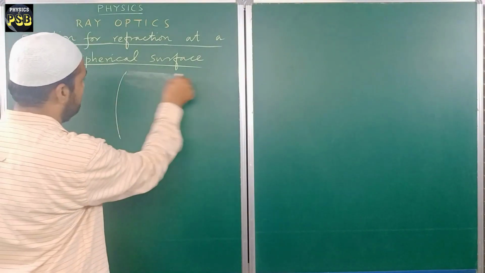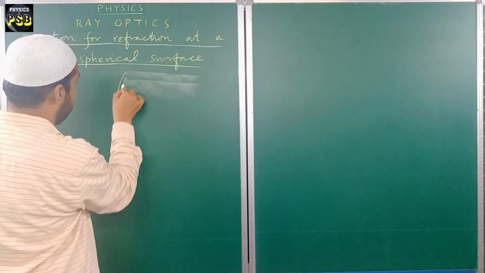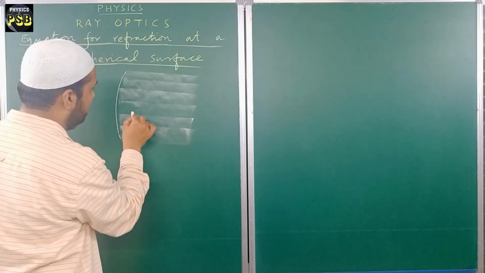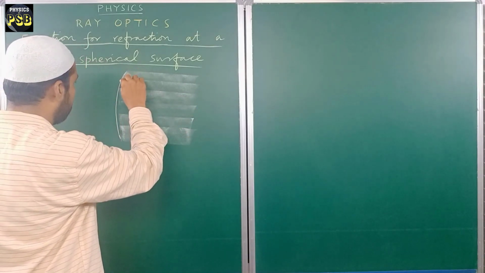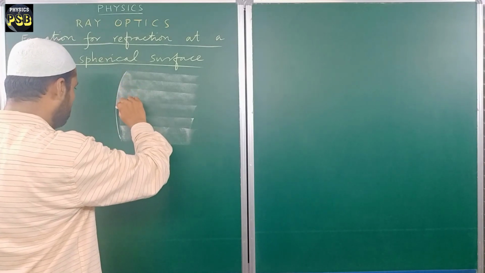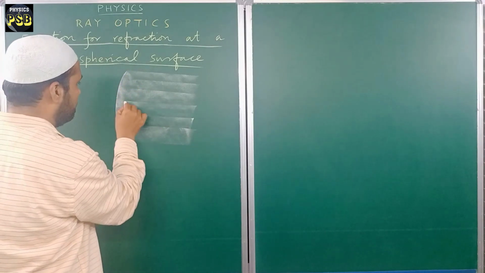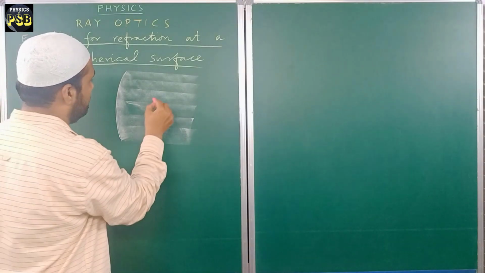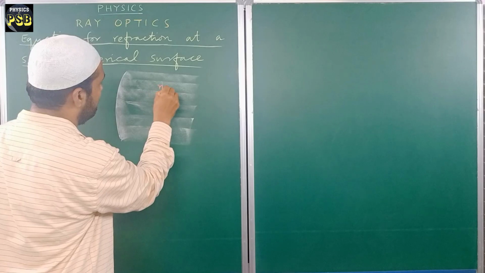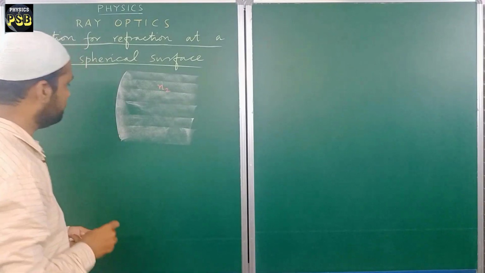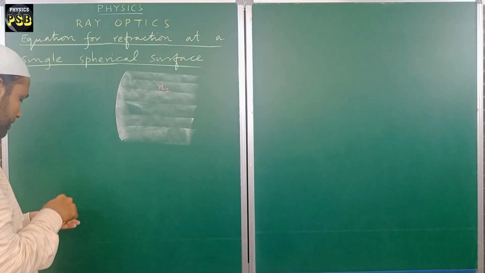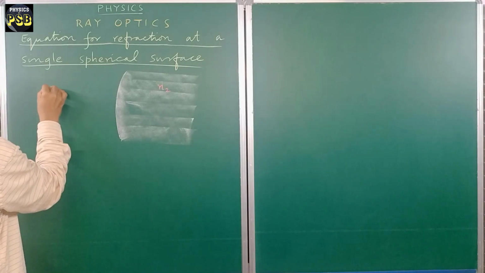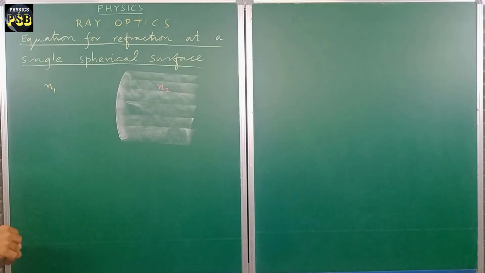If this is made up of a medium whose refractive index is N2, and on this side we have a medium whose refractive index is N1.